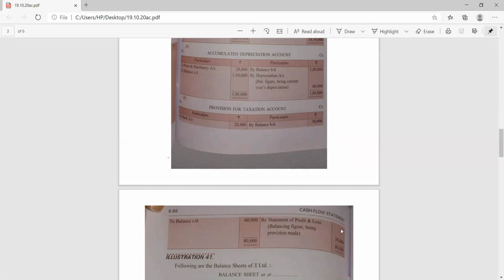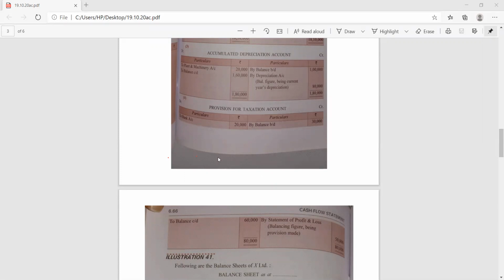Then by the statement of profit and loss, the balancing figure of 50,000 is to be calculated. In this way, we can calculate the amount of provision for tax made and provision for tax paid.